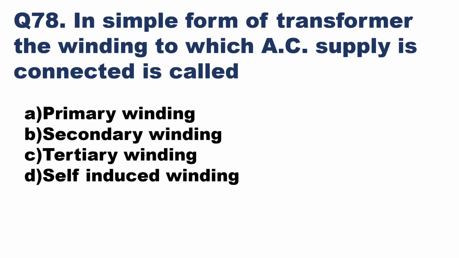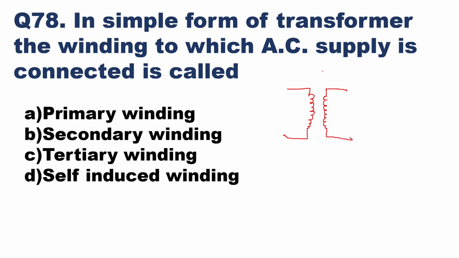In simple form of transformer, the winding to which AC supply is connected is called. So if you see the simple form of a transformer, then a transformer will be having a primary winding like this and a secondary winding like this.